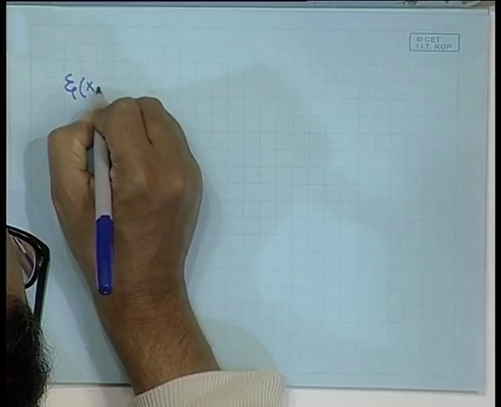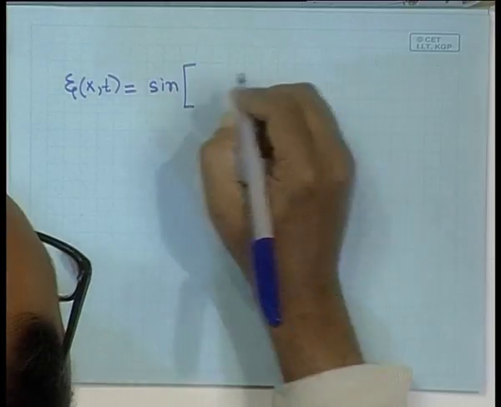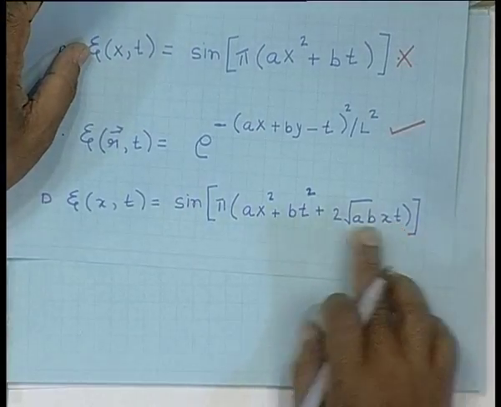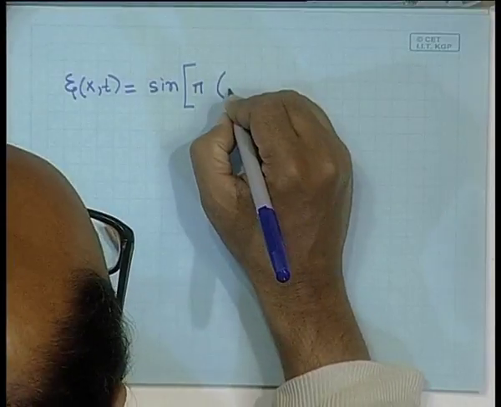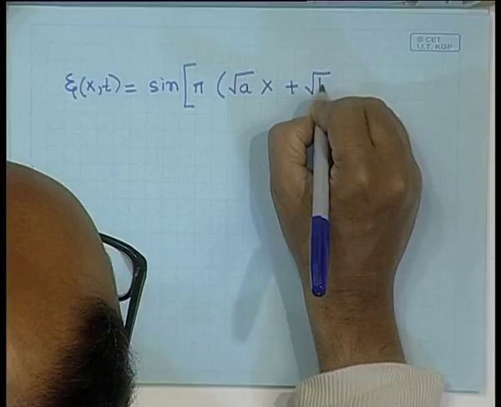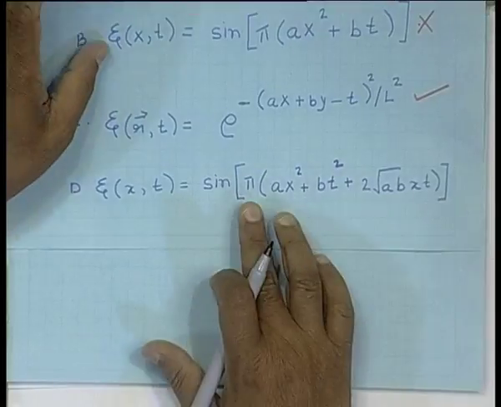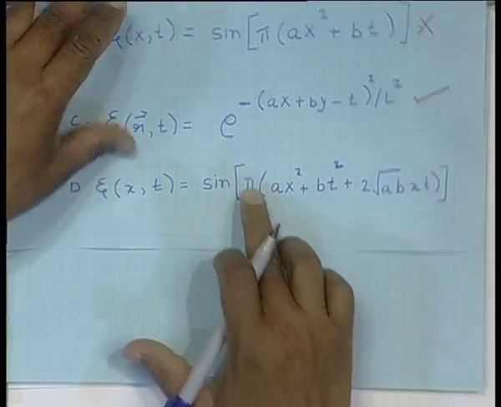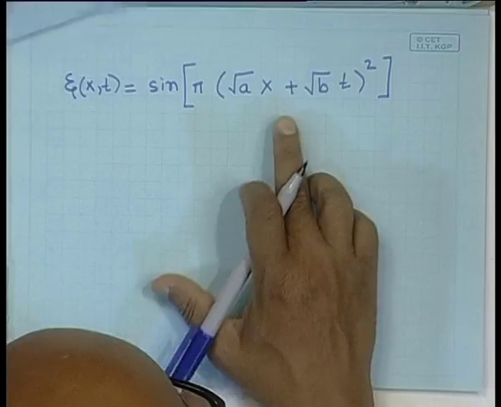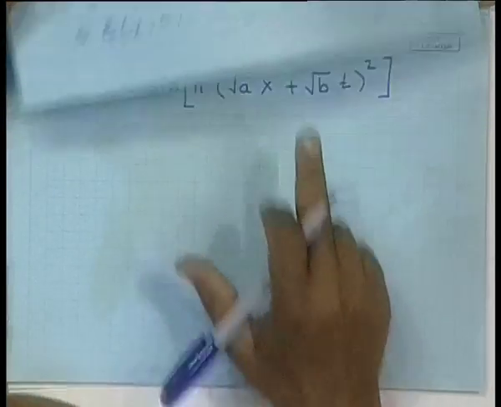So, xi of x, t can be written as sine pi, and notice that this whole thing over here is the whole square of square root of a times x plus square root of b times t. This expression is exactly the same as what I have written over here, because when I square this I will get the first term, the square of this will give me the second term, and the cross term, 2 times this into this, is going to give me the third term.